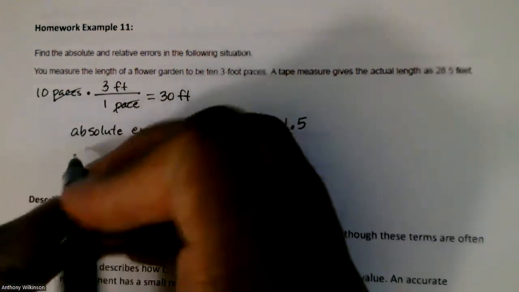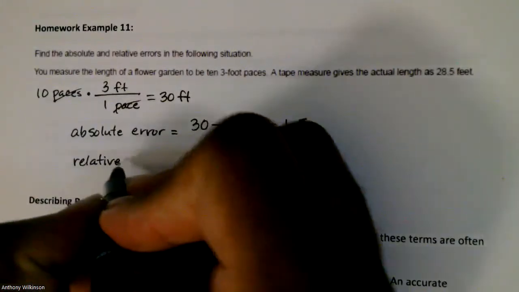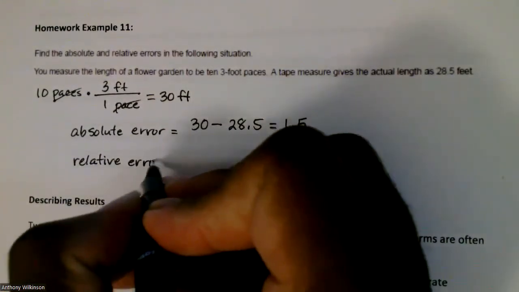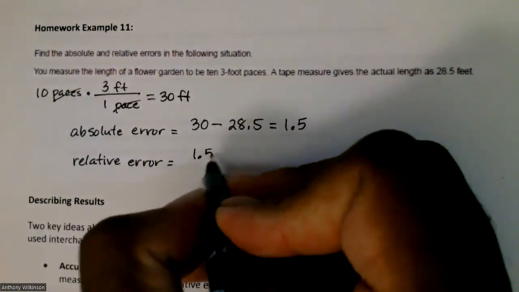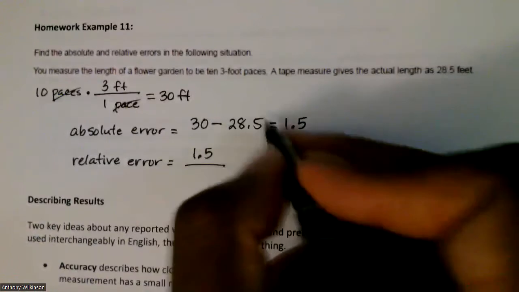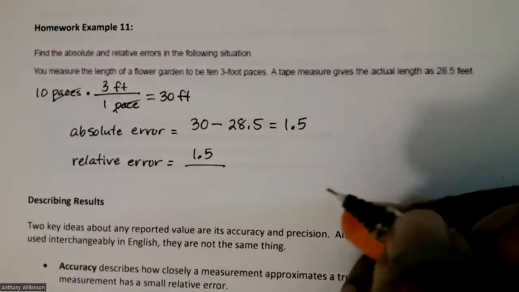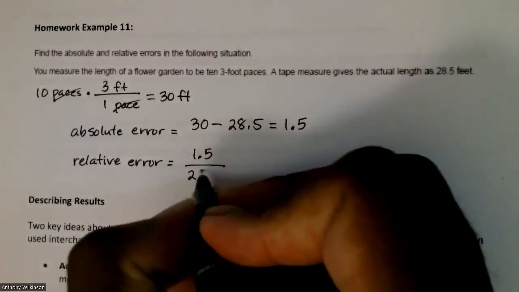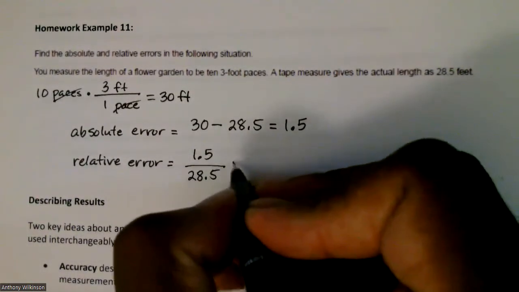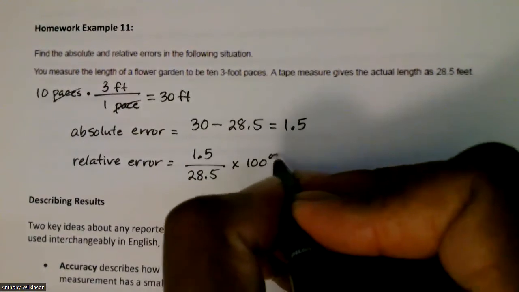Now let's find the relative error. That's going to be that absolute error of 1.5 divided by the true value of 28.5 feet, times 100%.